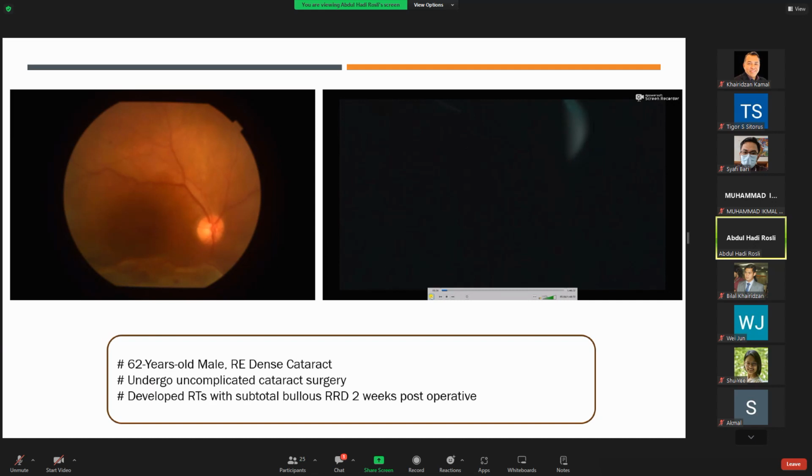And also, another example we encountered recently in our clinic. We had a patient who developed pseudophakic RRD. He was initially referred to us because of a subluxated IOL, for which we operated on him. We did the PPV with ACIOL.